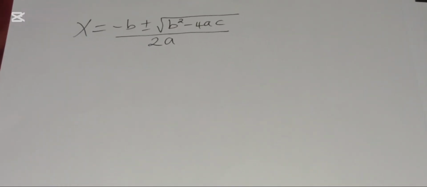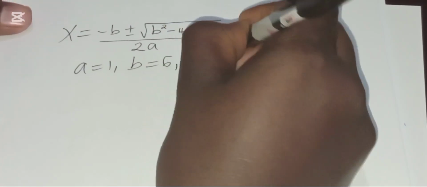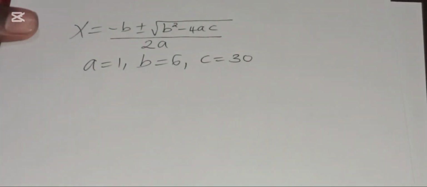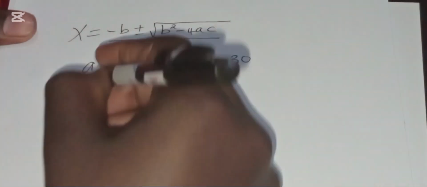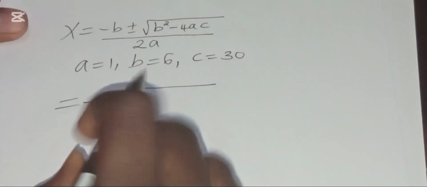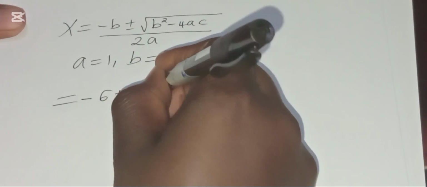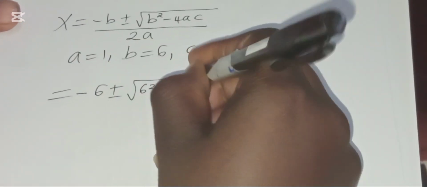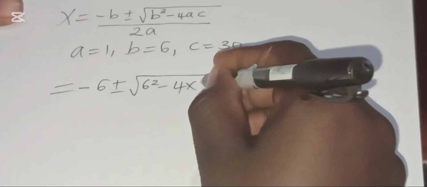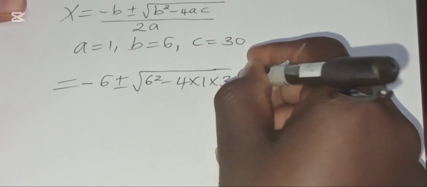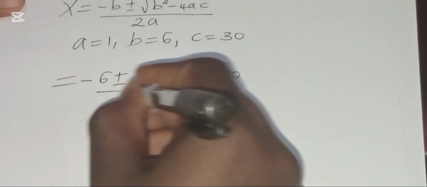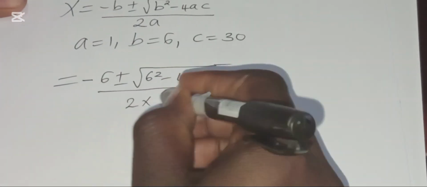Okay, so as you can recall, our a is equal to 1 from our quadratic equation, b is equal to 6, and c is equal to 30. So let's substitute these values, so that you're going to have negative b, which is negative 6, plus or minus the square root of b squared, which is 6 squared, subtract 4 times a, which is 1, times c, which is 30, divide everything by 2 times a, which is 1.